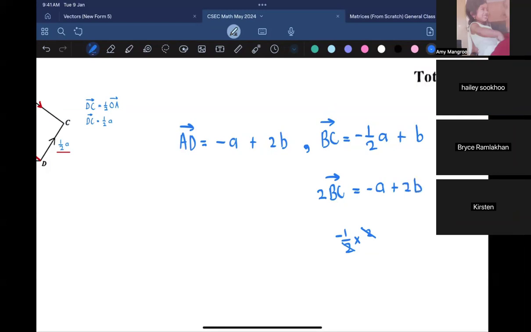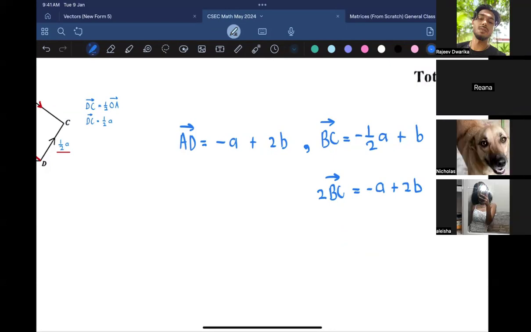Does that look familiar? What vector does that look like? It looks like vector A to D. So that means I could say that A to D is the same thing as 2 times B to C. So can I write them as scalar multiples of each other? Yeah. So since I could write them as scalar multiples of each other, then the two vectors would be parallel. Does that make sense?